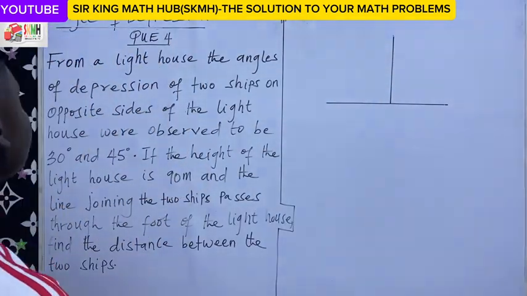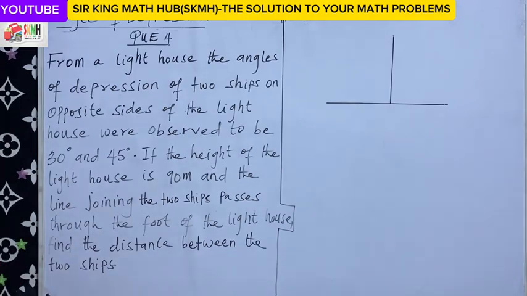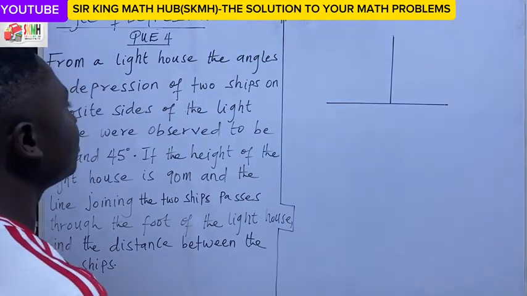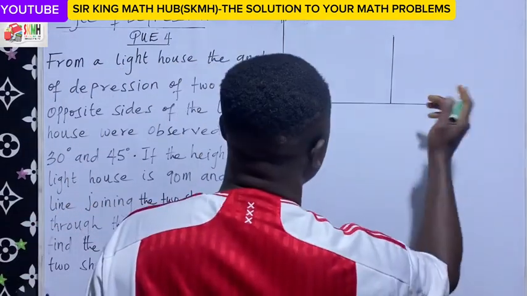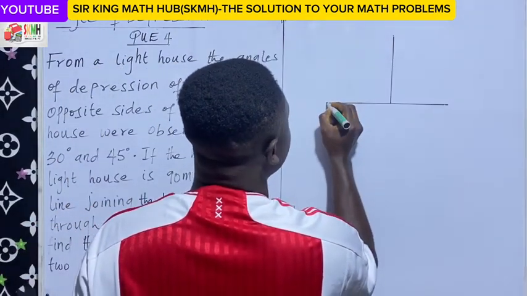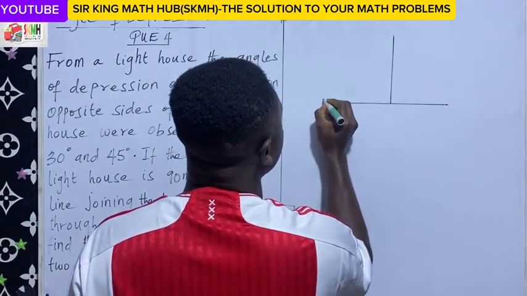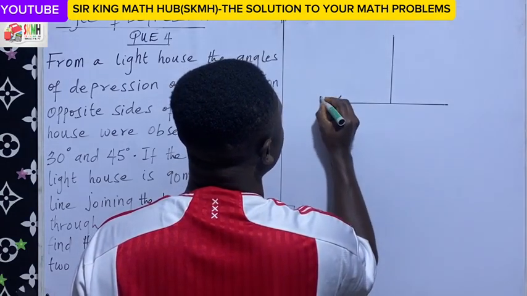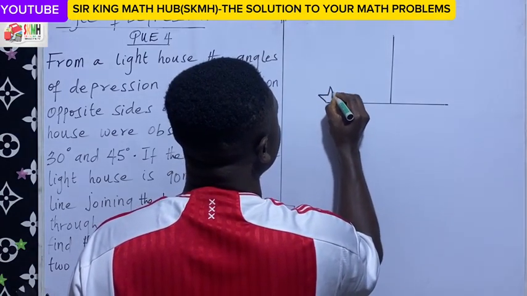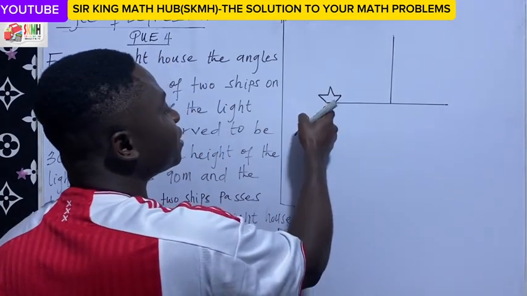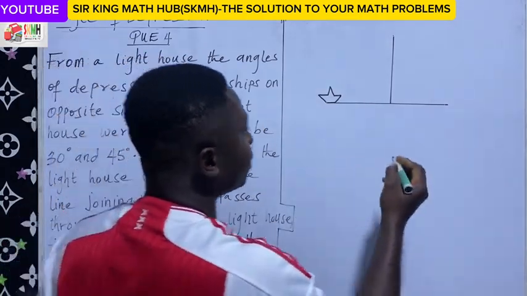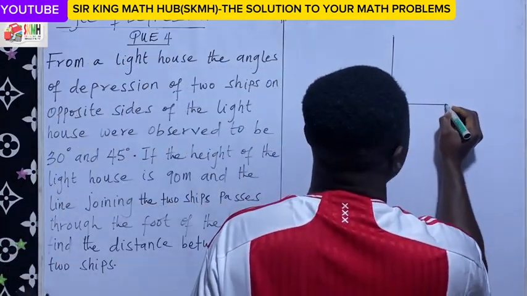And then we have two ships on the opposite side of the lighthouse. So meaning that if one ship is located at this point, then the opposite side will be this side.